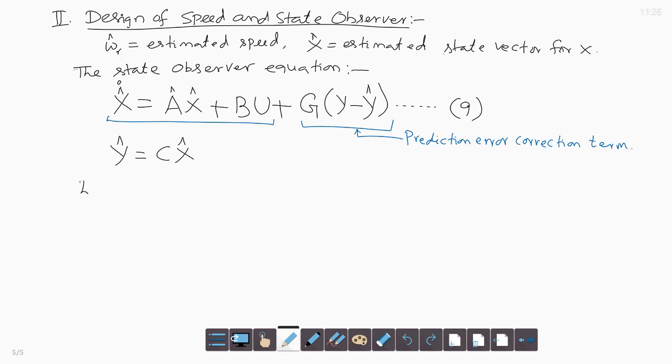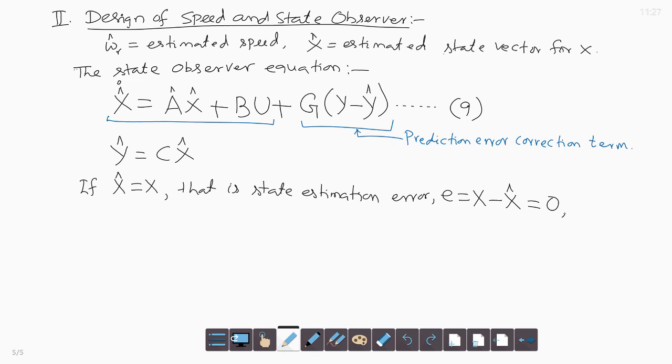If x hat equals x, that is, the state estimation error E, which is the actual state minus the estimated state, is 0, then y hat is also the same as y.